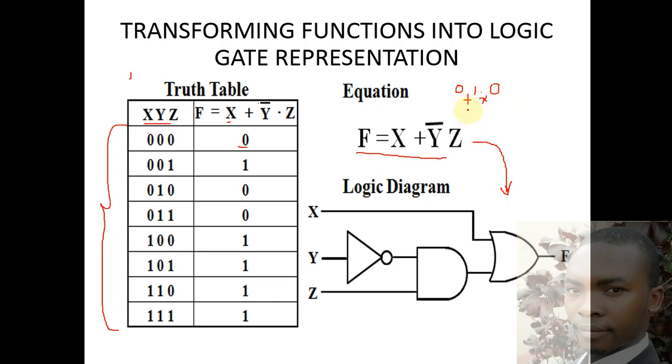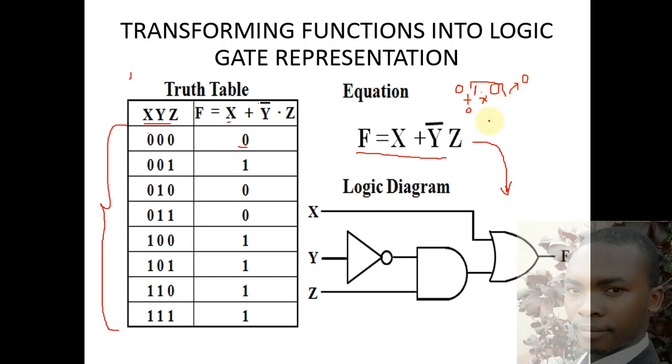Remember, this one tells us OR, and this one tells us AND. So the moment we have the AND in between 0 and this one, it will give a 0, because AND is only true if this is 1 and this is 1.